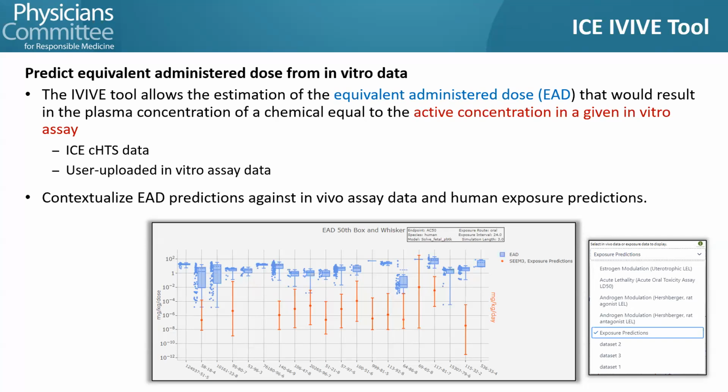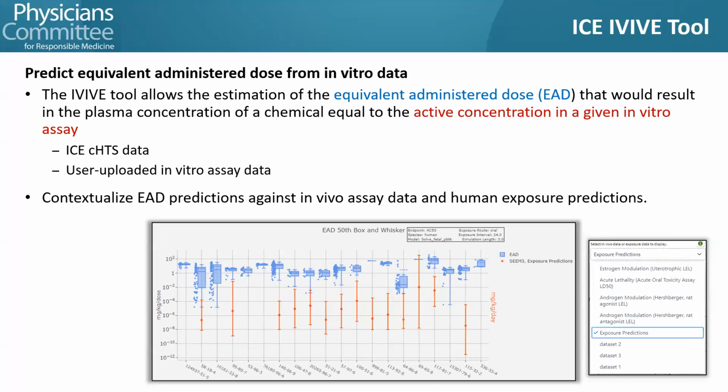And it also helps you contextualize the dose predictions against the in vivo assay data and human exposure prediction. So if you want to see how your predictions compare against the traditional animal testing data, you can do it right here. You don't need to use any other script or any other programming language to do all that analysis.